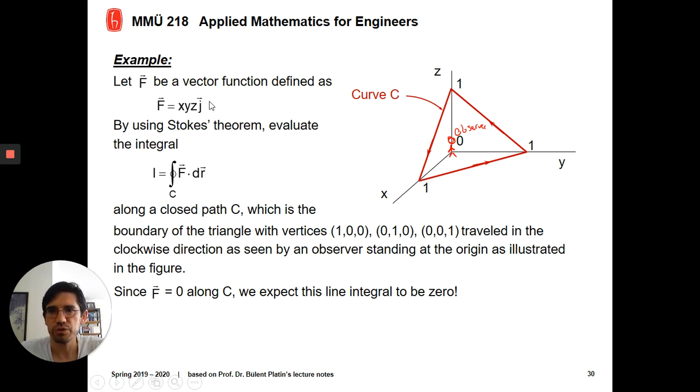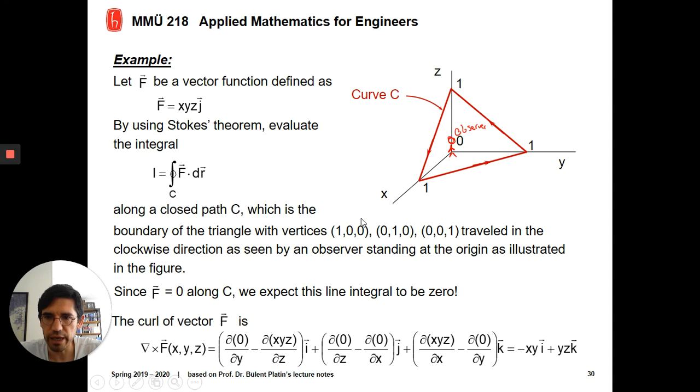It would correspond to a zero line integral, because the curve dotted with my F is going to be zero. I always have a zero component in my field along these curves. So in that case, if I look at the right hand side, the line integral has to be 0.